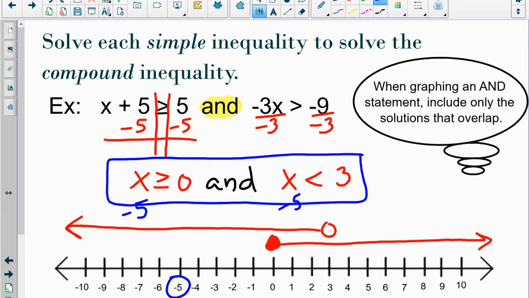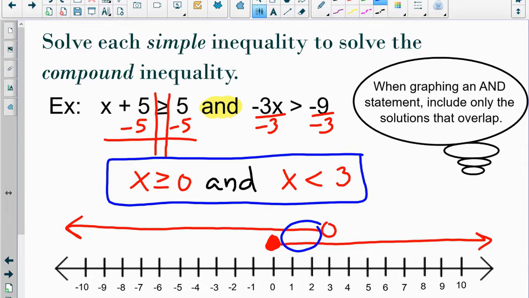No, it's not. Because the word and implies that the number must be a solution to both of the inequalities at the same time. So the only numbers that are going to be solutions are going to be where our two arrows overlap, the two shaded areas that contain the solutions of each individual inequality overlap.